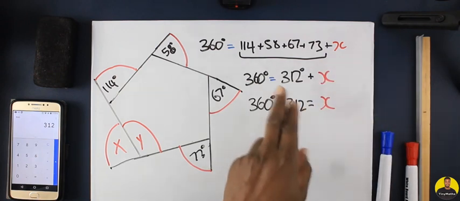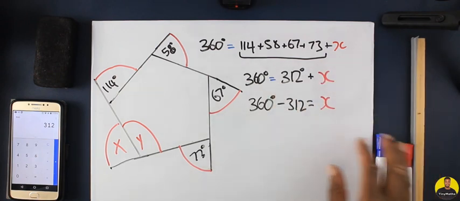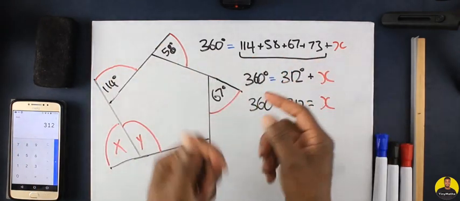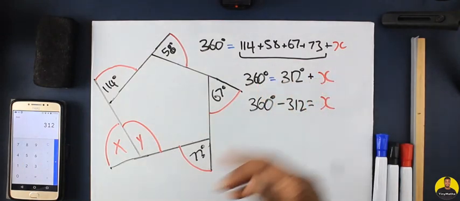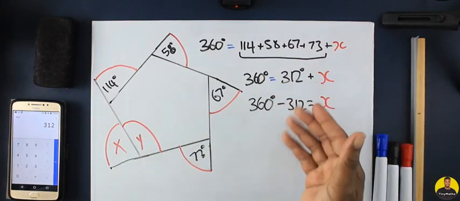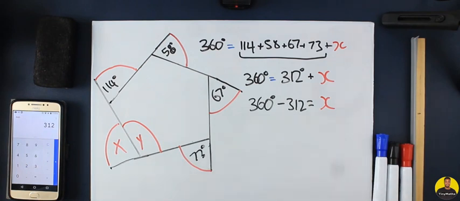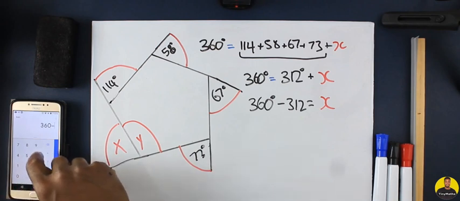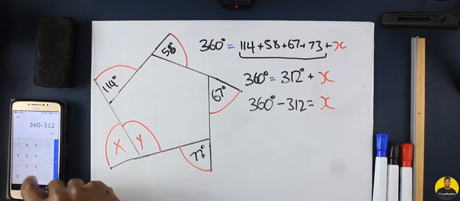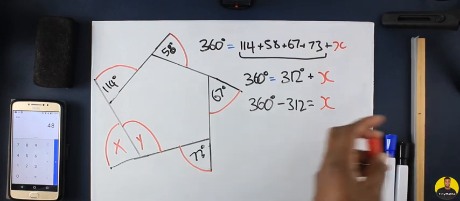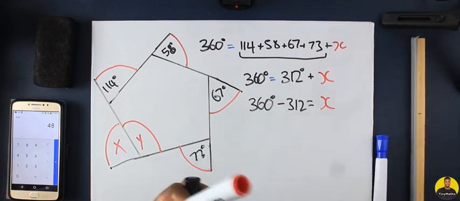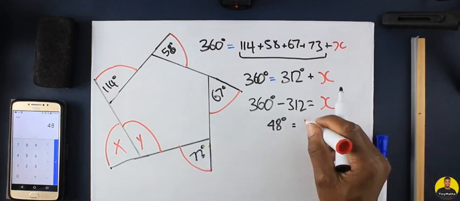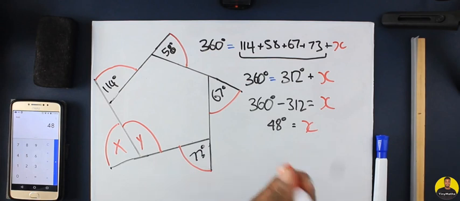So we can reduce it to 360 equals 312 plus x. If we want x, we take away 312 from 360. Let's do that. And that equals 48. So 48 degrees equals x. X equals 48 degrees.